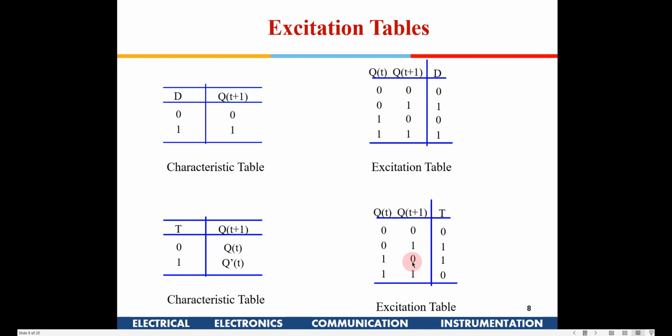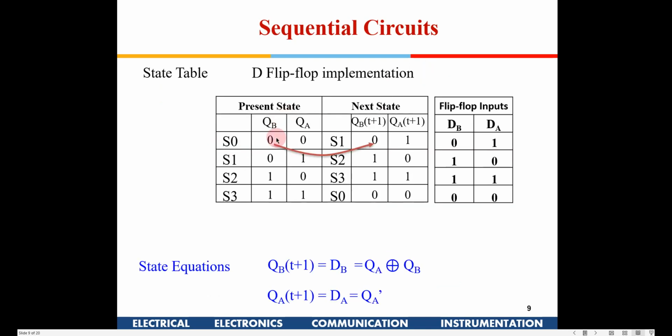So let's do the same example which we did earlier, now implementing it with D flip-flops. Now it is 0 0, then it has to go to 0 1 in the next state. If it has to go to 0 1 as the next state, DA will become 0, because I want 0 here, and DB is 1.